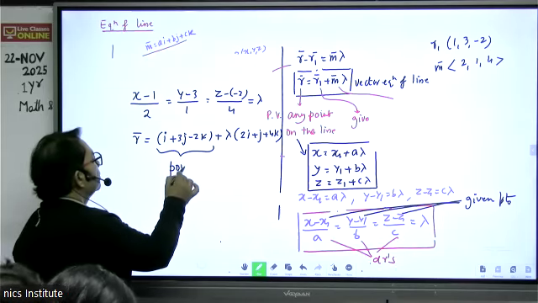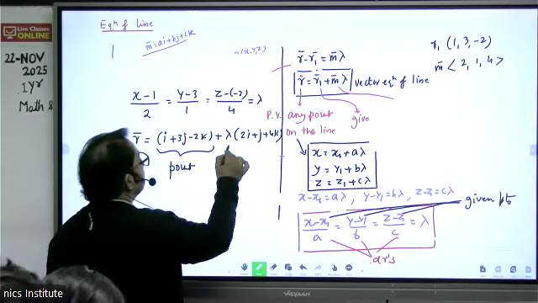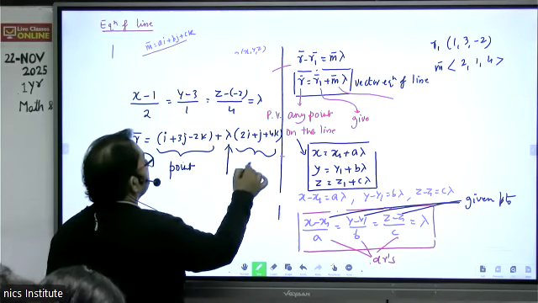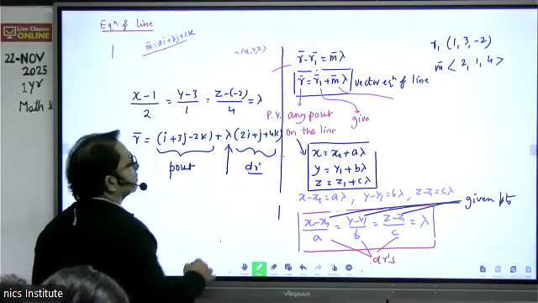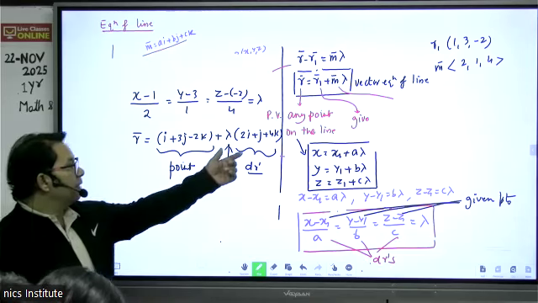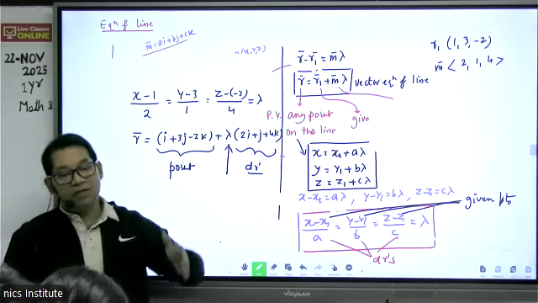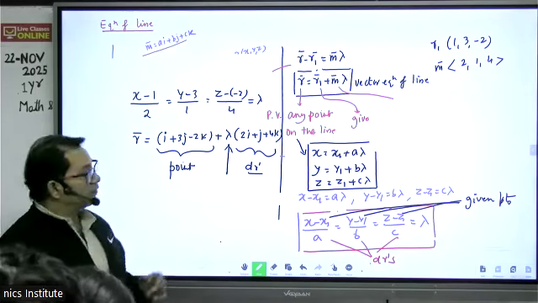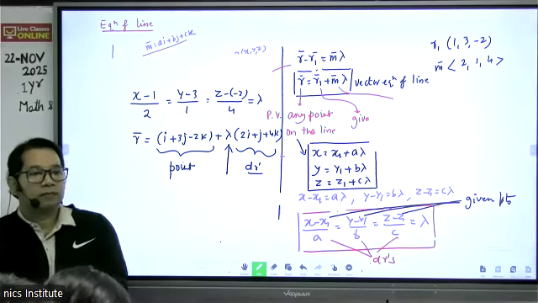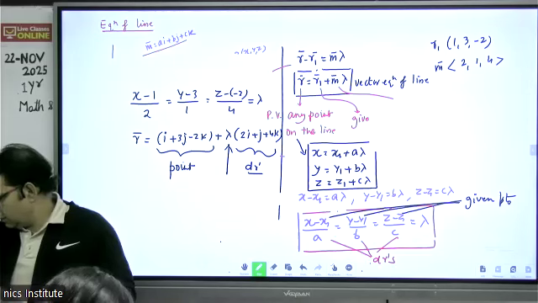And the term which is being multiplied by a constant real number, it is the DRs. So the term which is being multiplied by lambda will give the DRs, and the other one would always be the given point on the line. ठीक है?